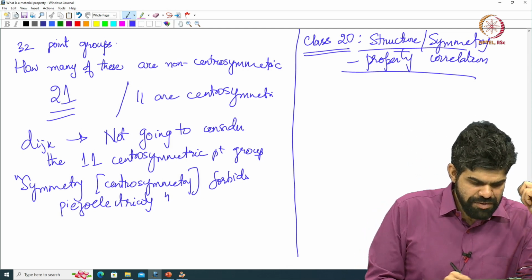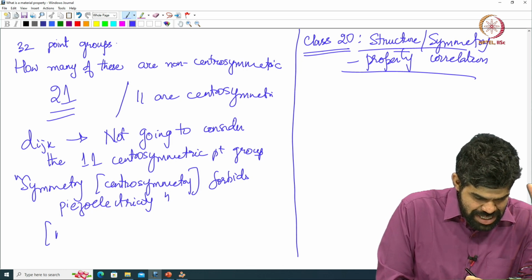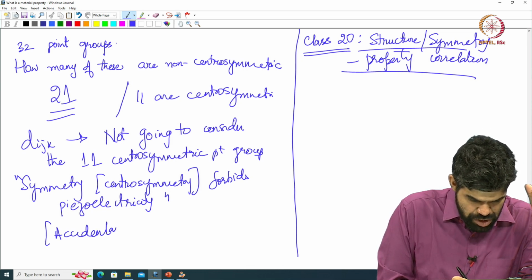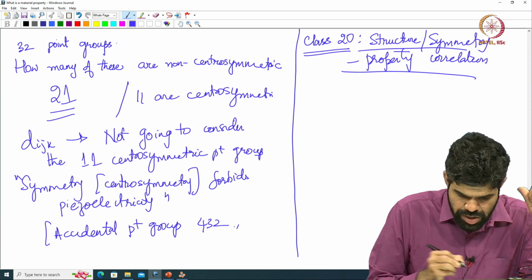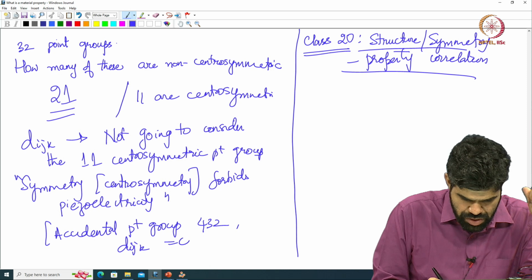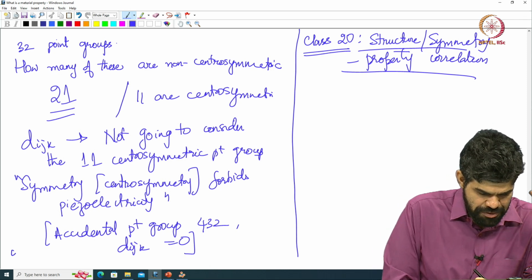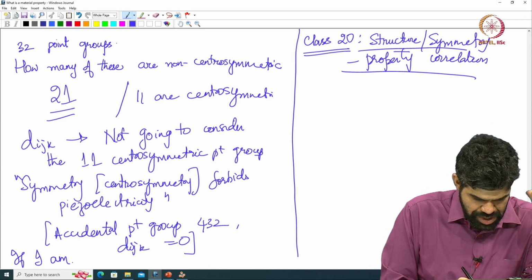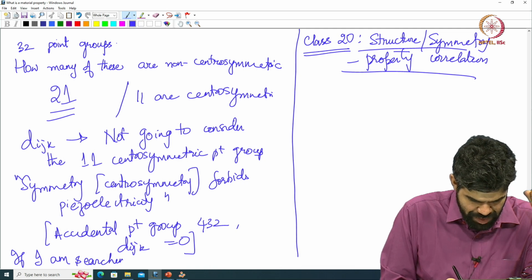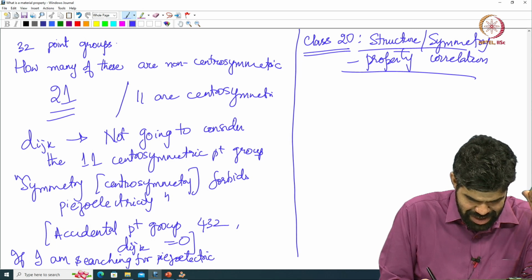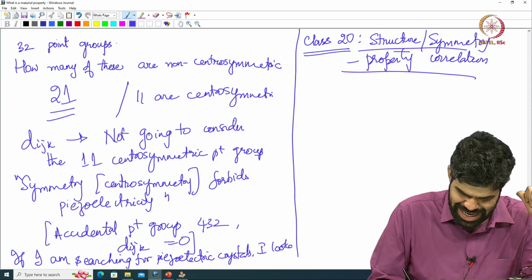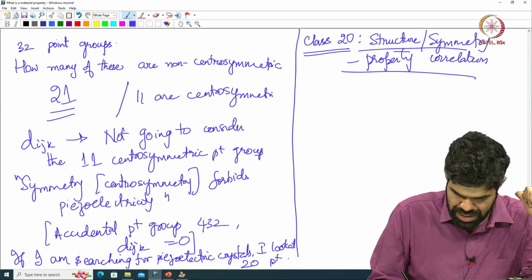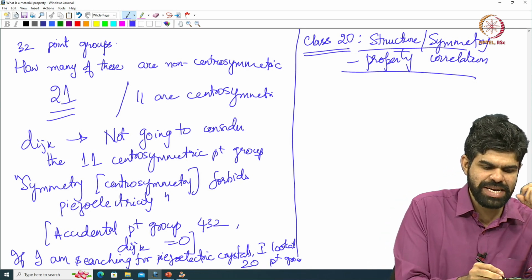And we also said that there is another accidental point group, which is 432, where third rank tensors dijk also go to 0. So in general, if I am searching for piezoelectric crystals, I look at 20 point groups, 21 minus the 432.